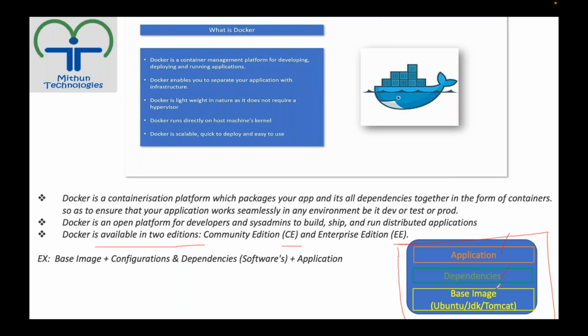No. It is going to have just a bare minimal container OS. It is not a complete operating system. Bare minimal container OS means just the required OS libraries to interact with the host kernel. Not a full-blown operating system.